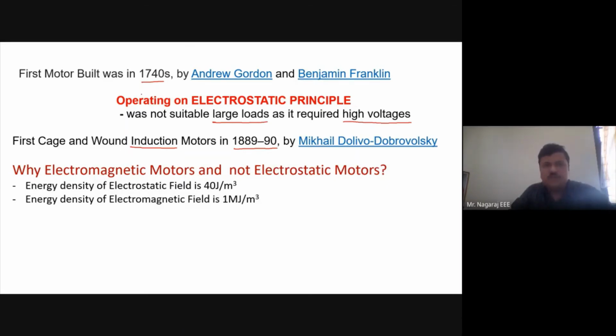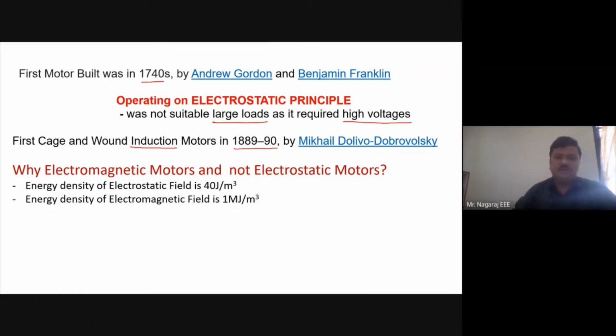But even the conduction is also inductive in nature. Three-phase induction motors and single-phase induction motors are induction motors, whereas DC motors and synchronous motors are conduction motors. But even though there is conduction, the conduction is through induction only, through inductive principle only. Okay.